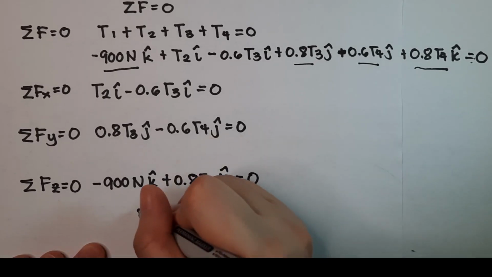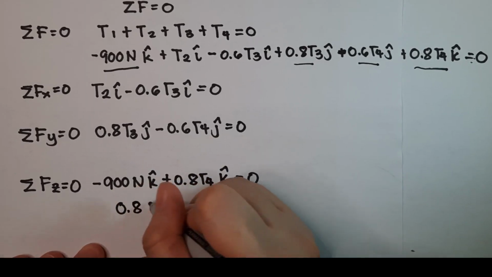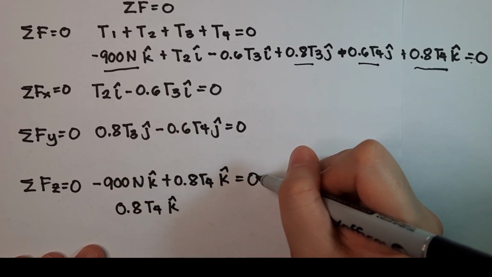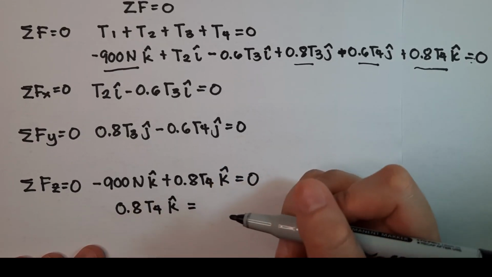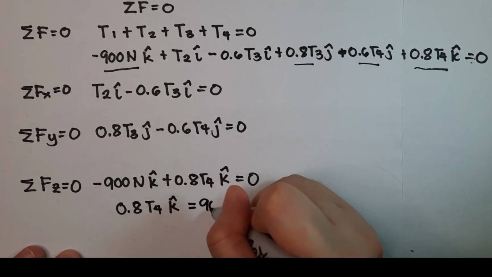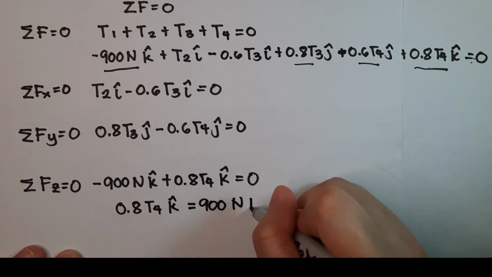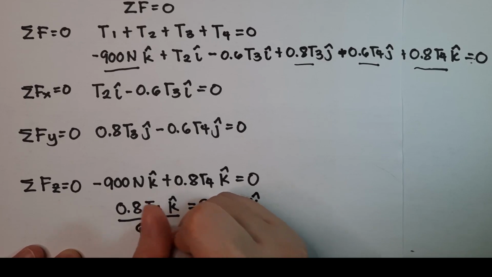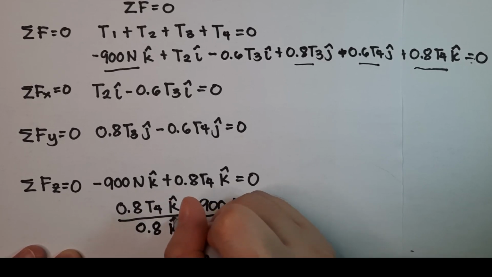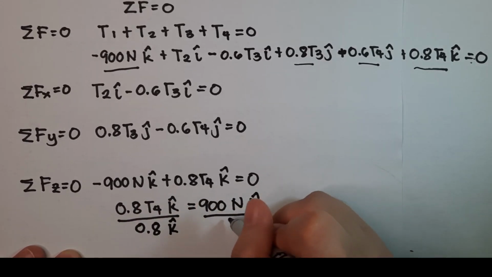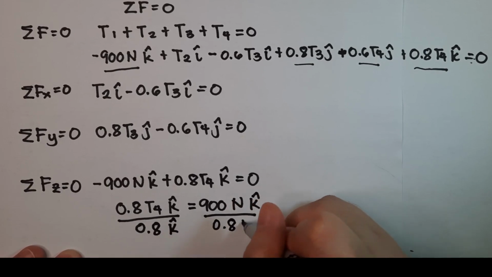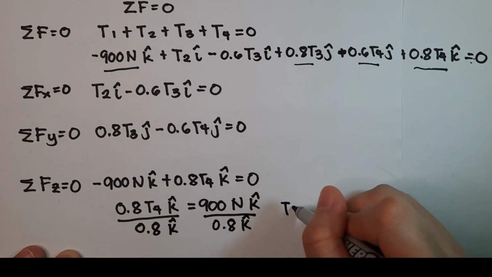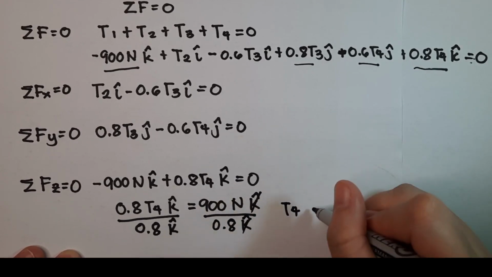So 0.8 T4 k hat, transposing the 900 Newton to the other side, is equal to 900 Newton k hat. Then divide both sides by 0.8 k hat, so the k hat cancels out.